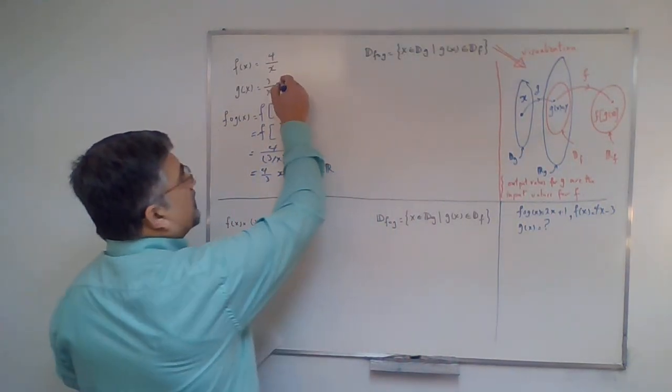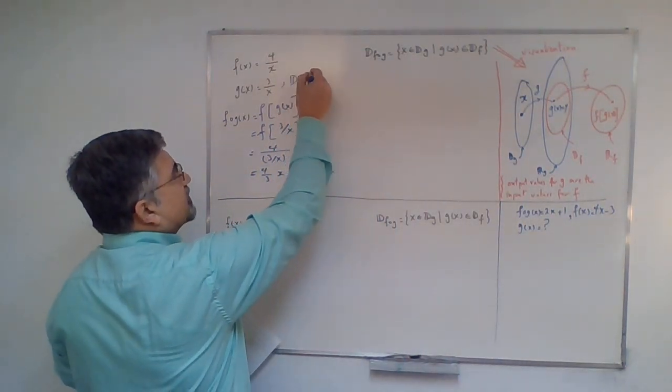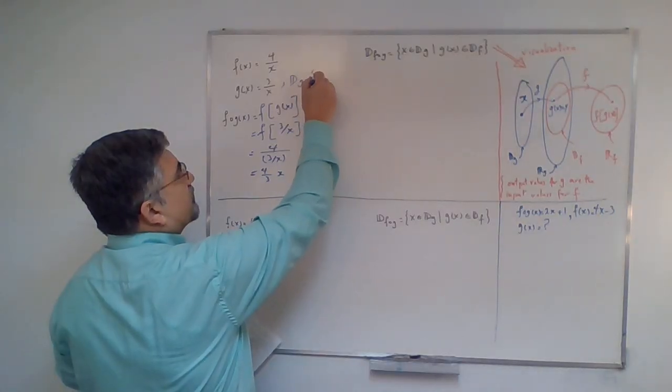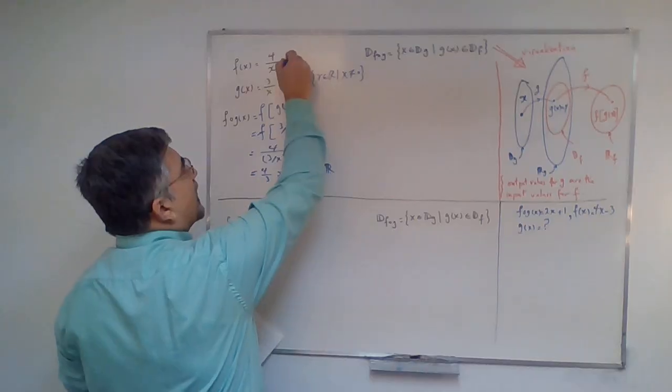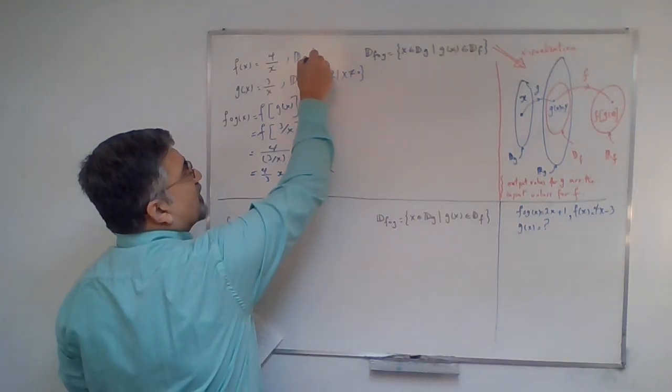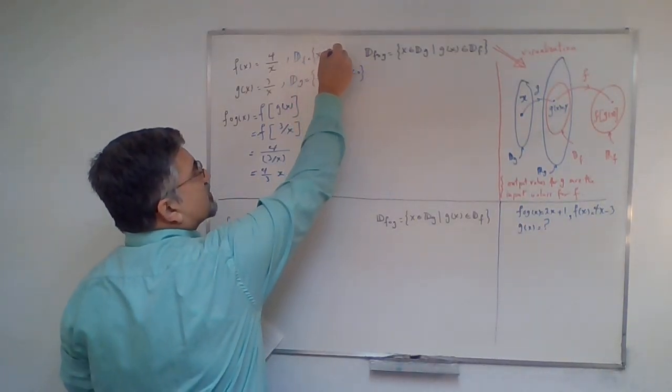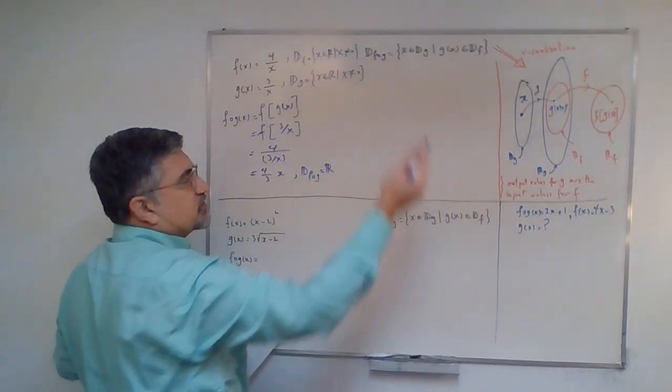So I'm going to say the domain of g here is clearly all real numbers except x cannot equal 0. And here the domain of f is going to be all real numbers, again, except 0.